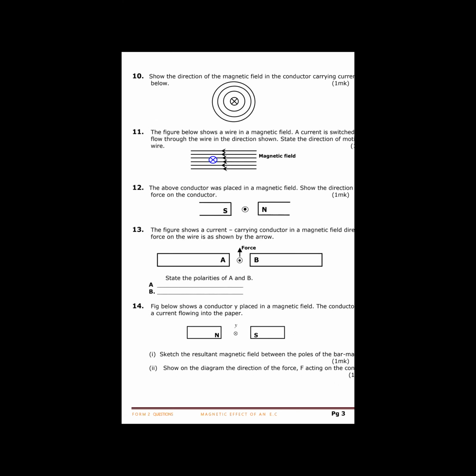Can you twist your finger such that the direction of magnetic field, which is the first finger, is pointing, and we are using the Fleming's left-hand rule, towards the left, towards the south.